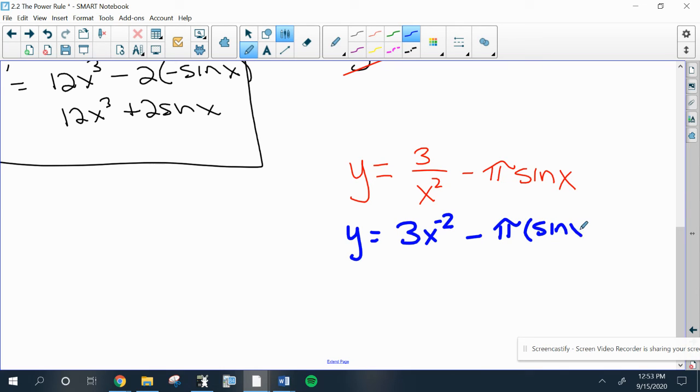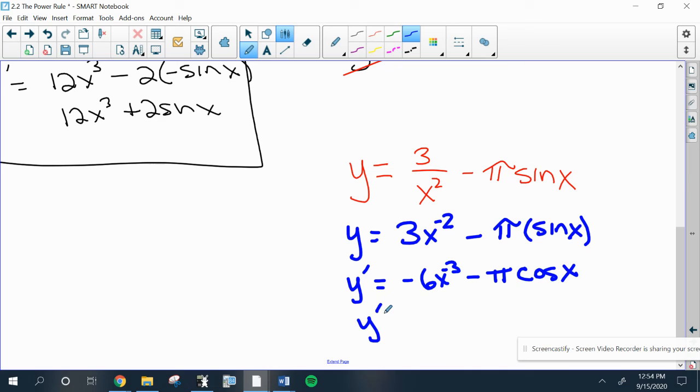So we can ignore the pi, which our constant multiple rule says we can, and just take the derivative of sine of x, which we now know we can. So this one you can take the derivative of. The derivative is negative 6x to the negative 3 minus pi times the derivative of sine, which is cosine of x.